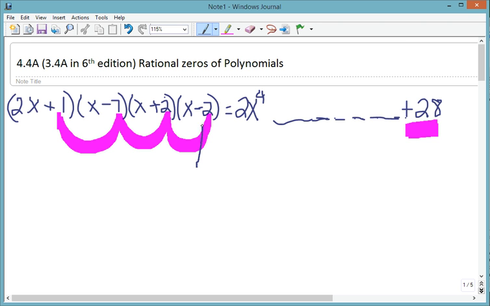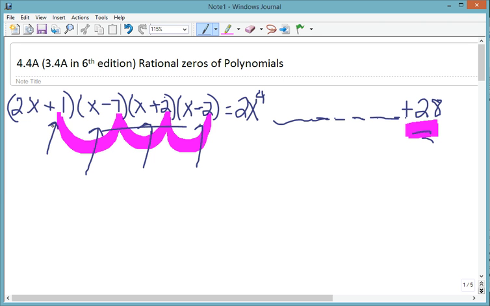In this one the 0 is 2, in this one the 0 is negative 2, in this one the 0 is 7, in this one the 0 is 1/2. In all these you notice that they are factors of 28. And they have to be because we multiplied them all together to get 28.